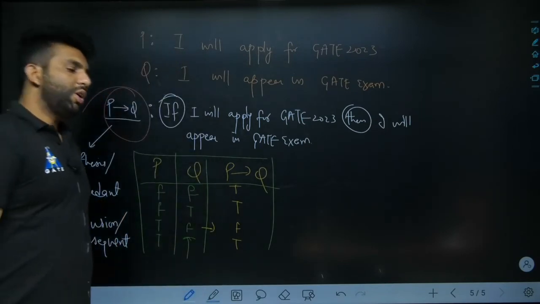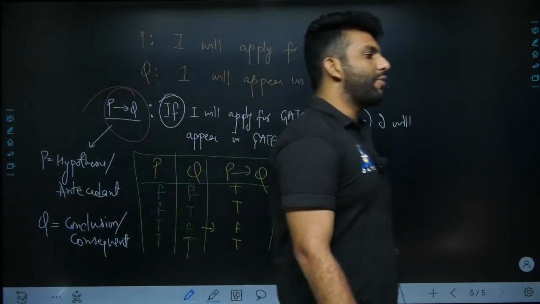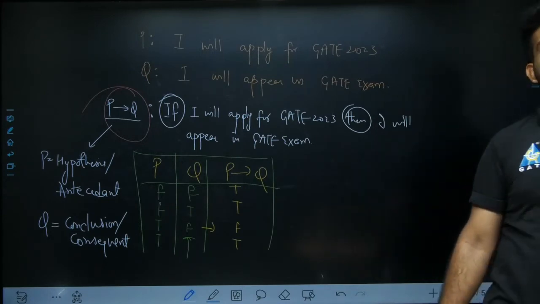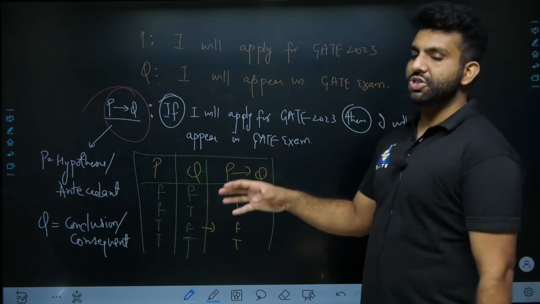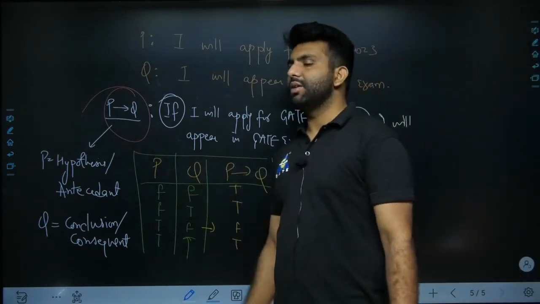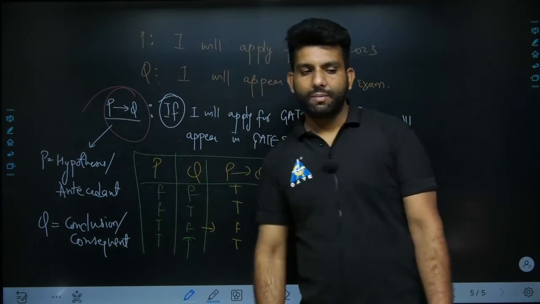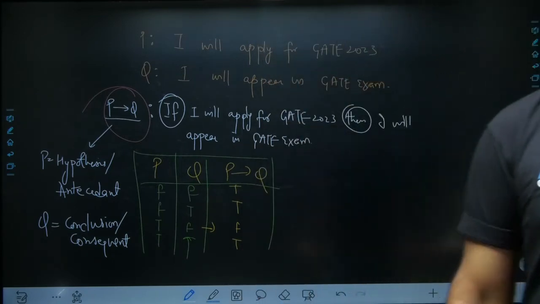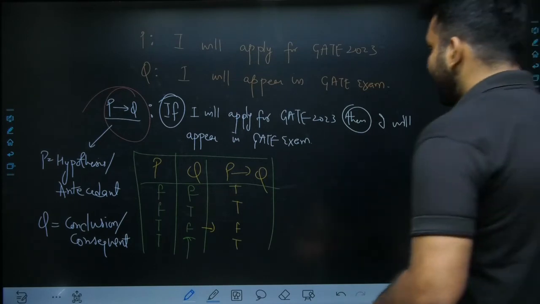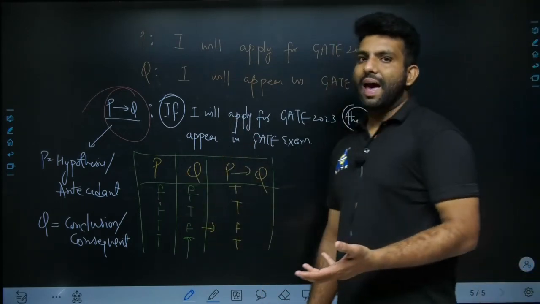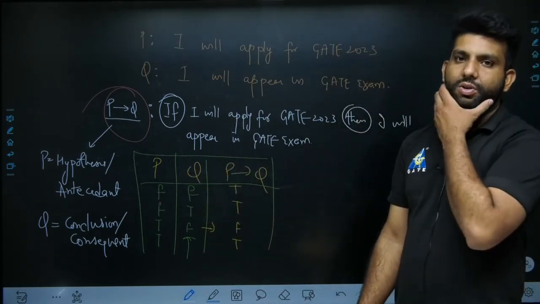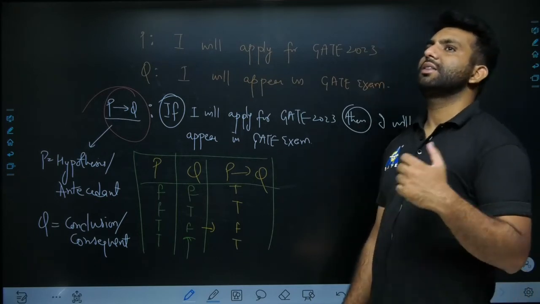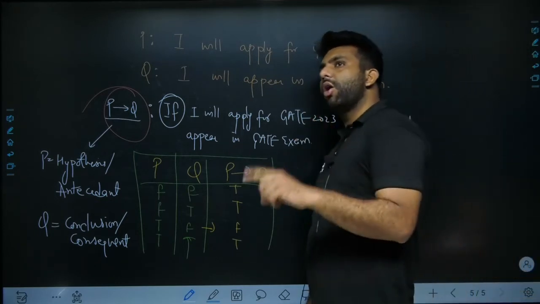If this is clear up to this point, now I would like to give you another expression for implication. I hope you can relate to this as you have discussed in digital logic. There is a NOT operator, an AND operator, an OR operator.